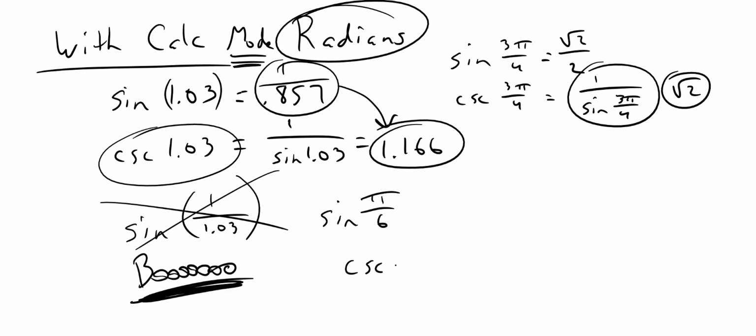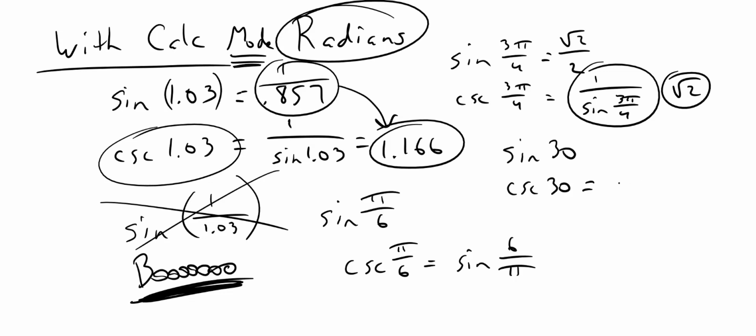And, oh, okay, cosecant of pi over 6 is the sine of 6 over pi. So guys, just like you didn't take the reciprocal of an angle, if I said sine of 30, and I asked, what's the cosecant of 30? You don't say sine of 1/30th of a degree. That doesn't even make sense. You're going to say 1 over sine of 30.